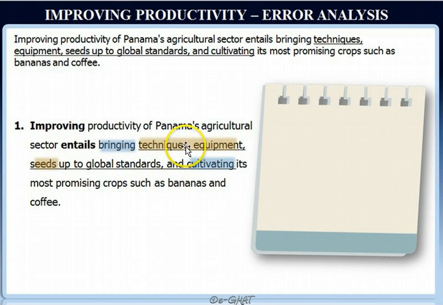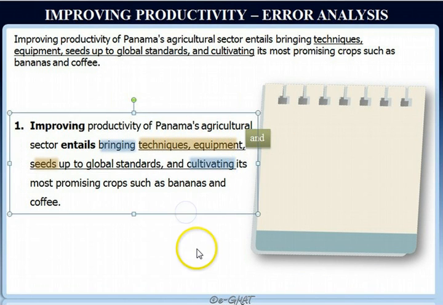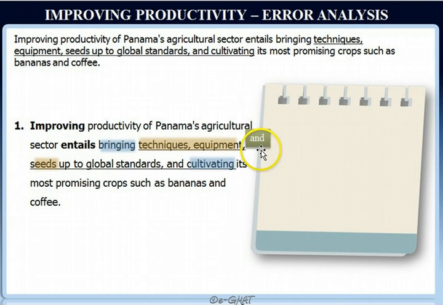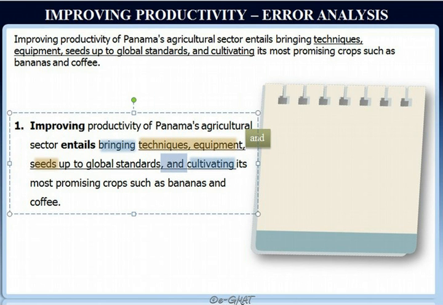Now clearly here, there are three elements here, and all three elements have been connected using comma, and that's not correct. So whenever you have more than two elements in a list, those should be connected using comma and before the last element. So that is the error here. The other thing is that here you have a comma and separating out the first list, and that is not correct.